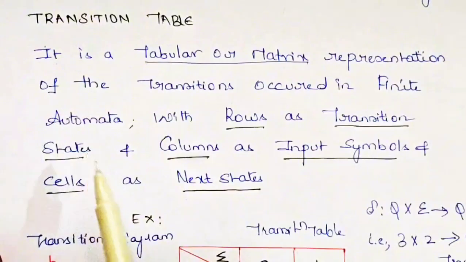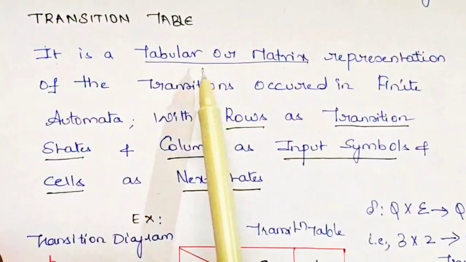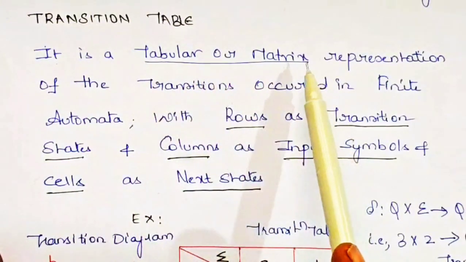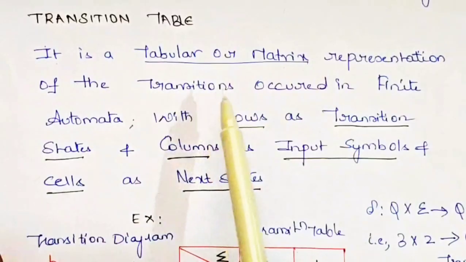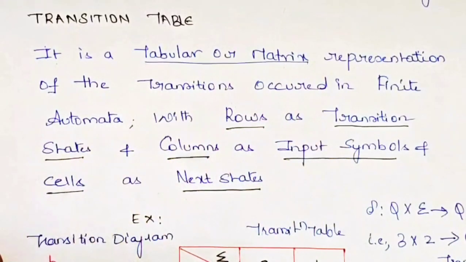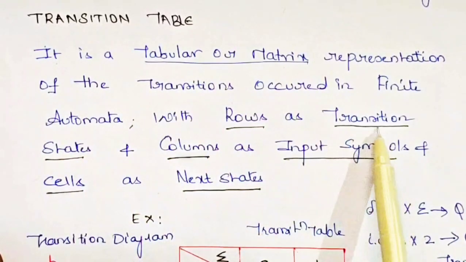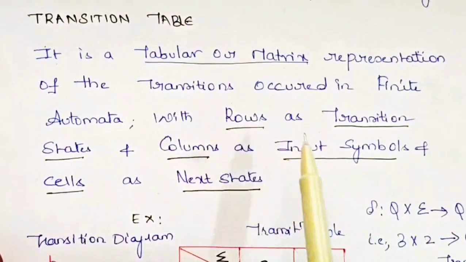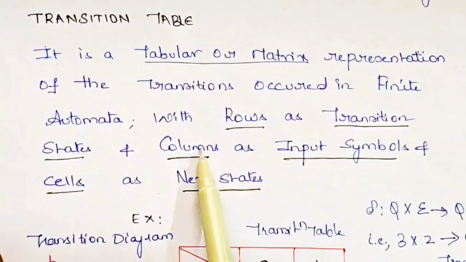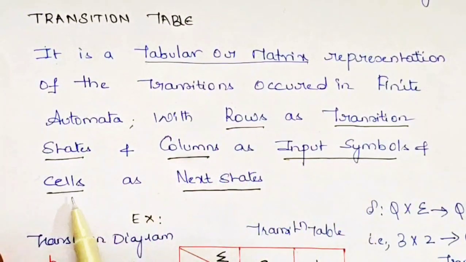Next, transition table. The transition table is nothing but a tabular or matrix representation of the transitions or changes occurred in a finite automata. Here, we consider the transition states as rows and the input symbols as columns and the entries as the next states or a change in a state.